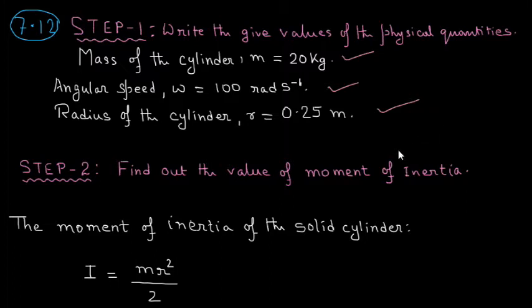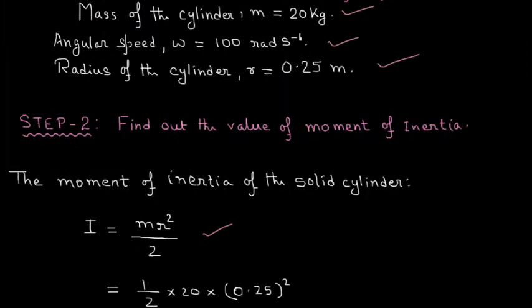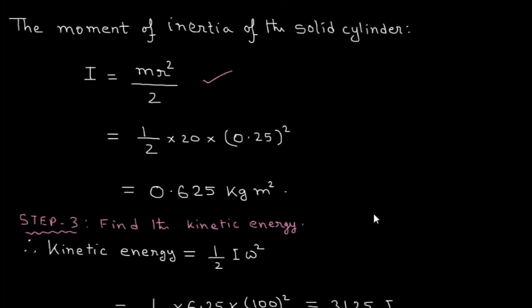So step 1 is summarizing the sum and writing all the known physical quantities. Step 2 is to find the value of moment of inertia. The moment of inertia of a solid cylinder is I equal to mr square by 2. Putting the values of m and r, we get the final value of moment of inertia.